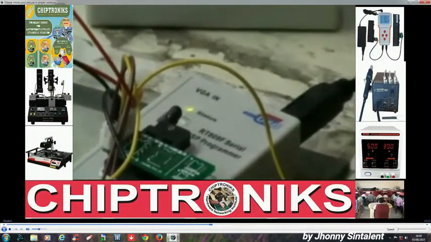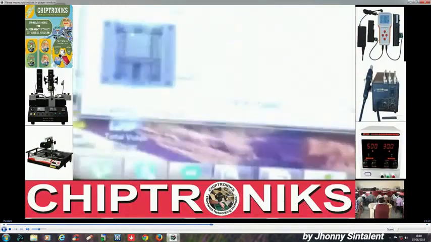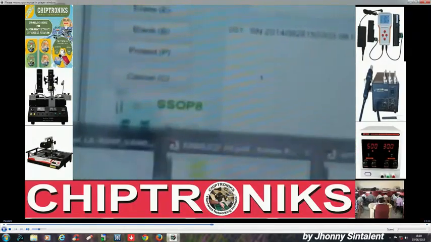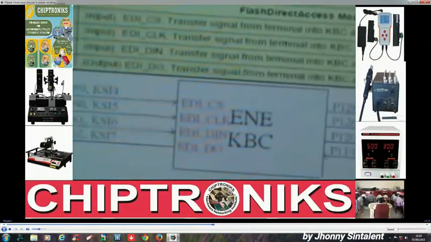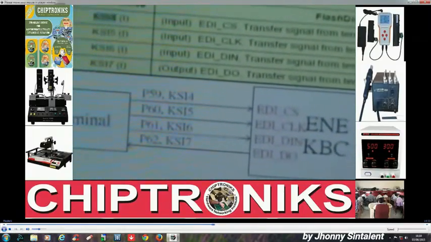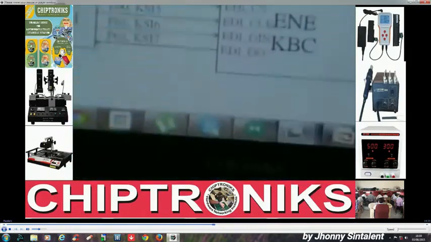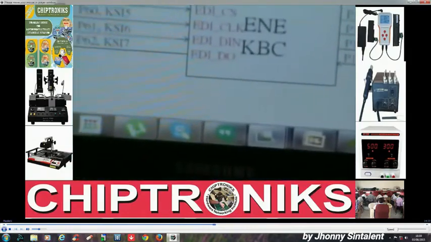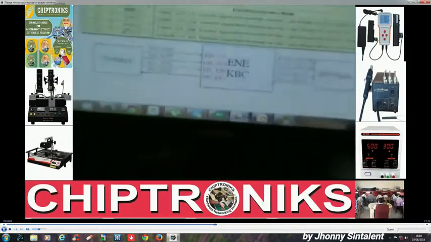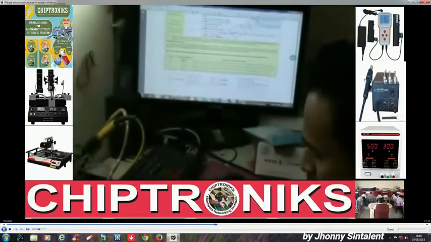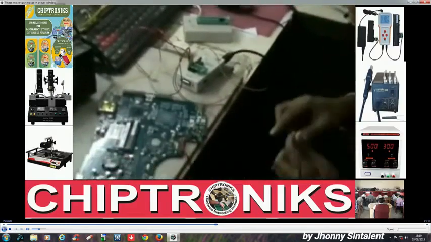Alright, but before this we have to connect these 4 pins of the IO controller with this ISP module. So let us understand this ISP module first.